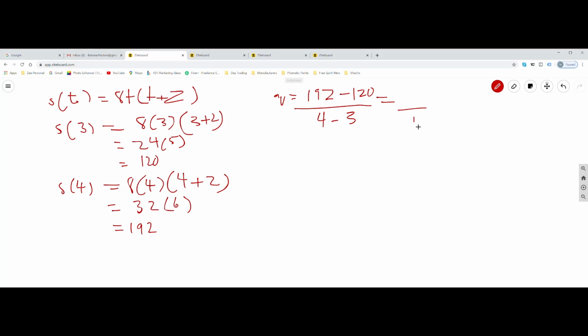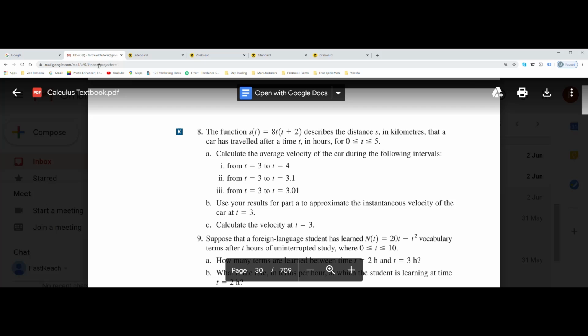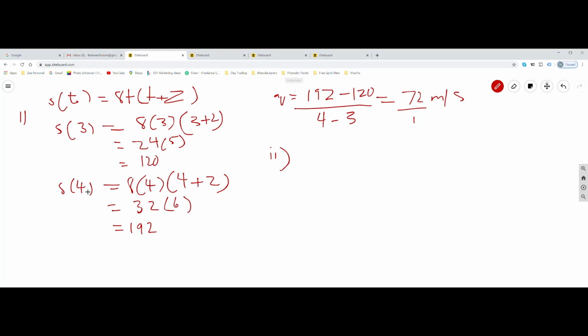You're left with 1, and here you're left with 72 meters per second. Okay, now that's just the first one. Now this one is for 3. So now we have to find for 3.1.